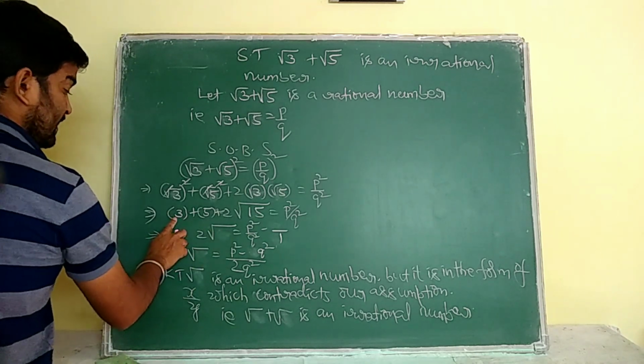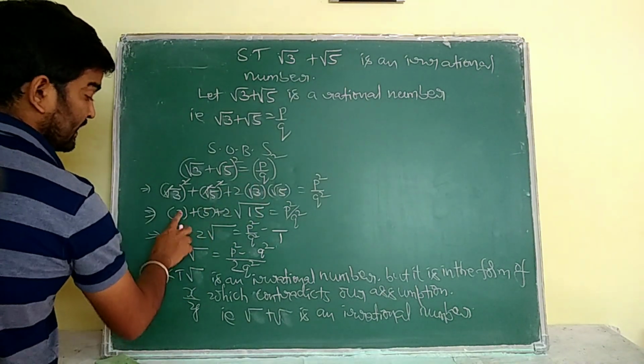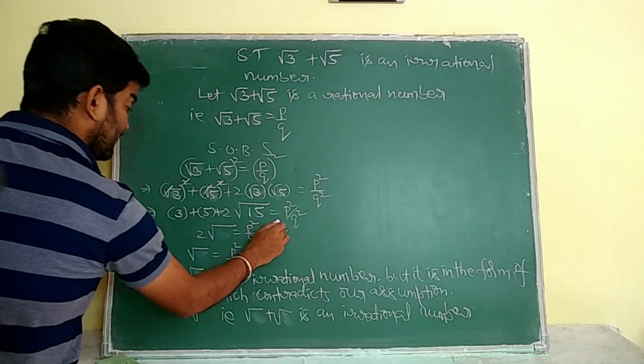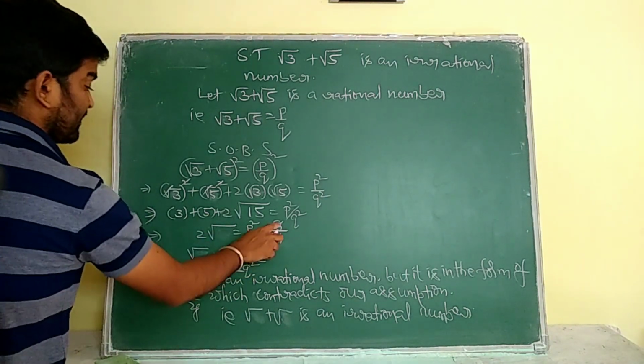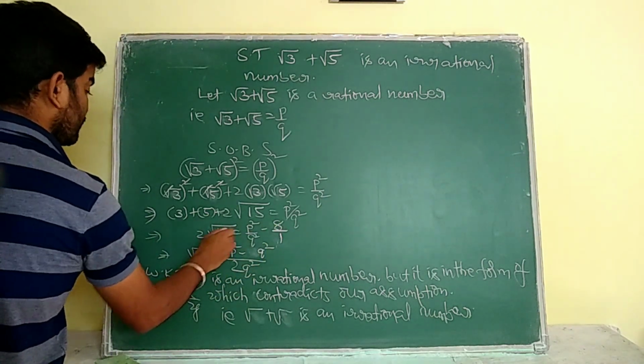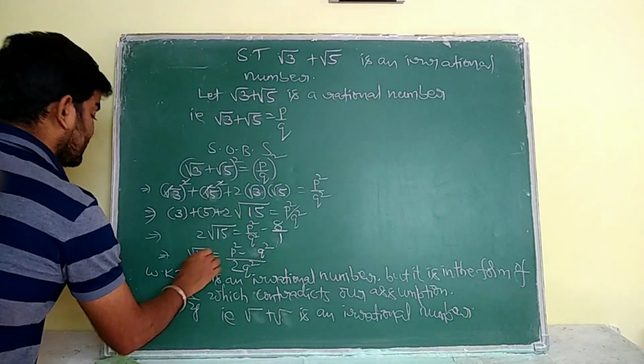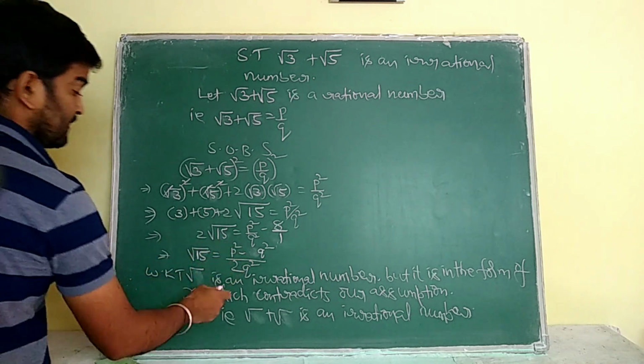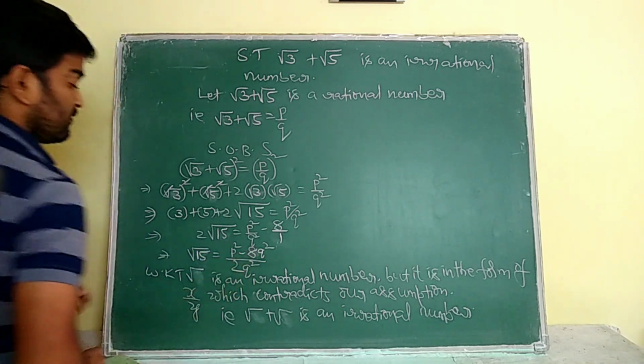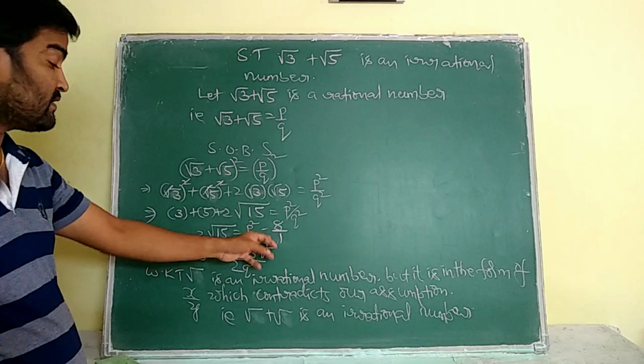Now I will transfer this 3 plus 5 to the other side. 3 plus 5 means 8. By transferring this 8 to the other side, it will become minus 8, and it is 2 root 15. I want only the radical value on the left side, so I will transfer this 2 to the other side. While doing so, we take the LCM. LCM of these two is q square.